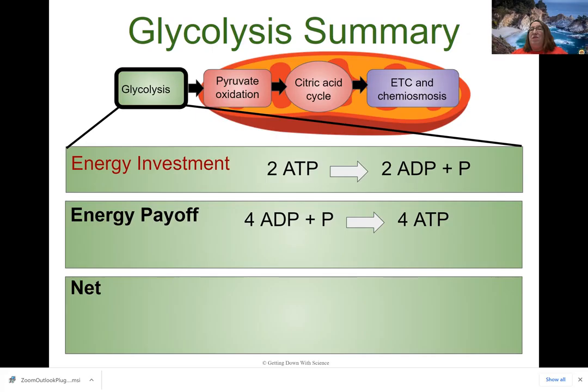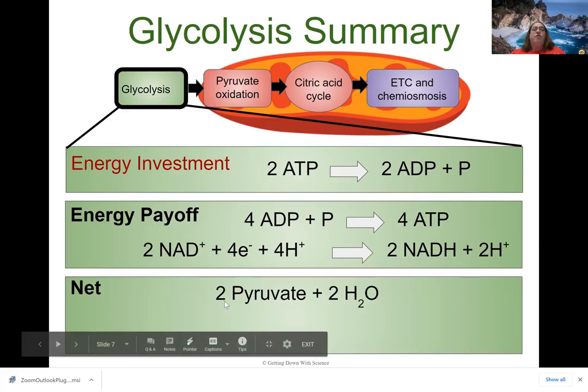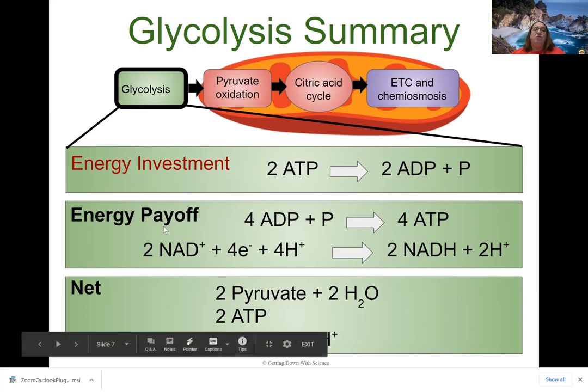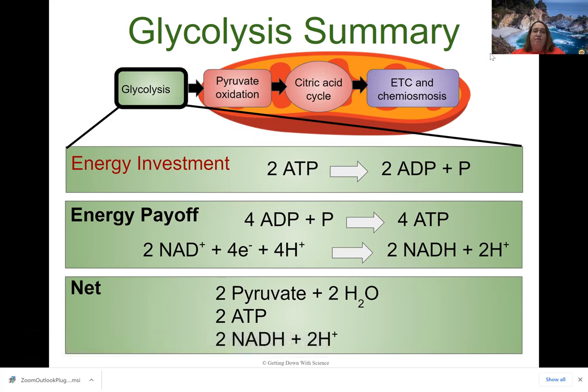So you really only made 50 cents, but you still made 50 cents, right? And then our NADs, we get 2 NADHs. So net, we get 2 pyruvate, 2 waters, 2 ATP, because remember we had to use 2 to start, and 2 NADH. It's what we get out.